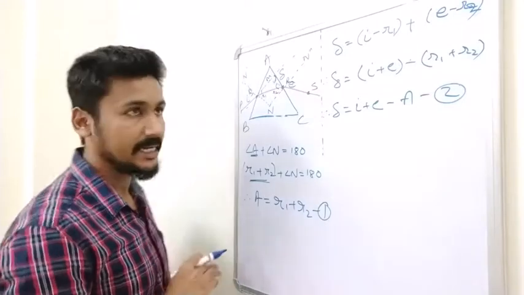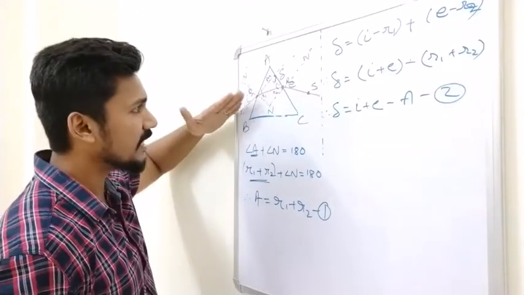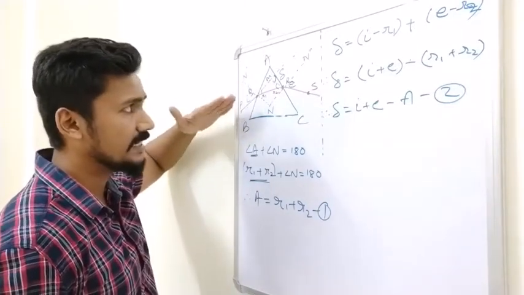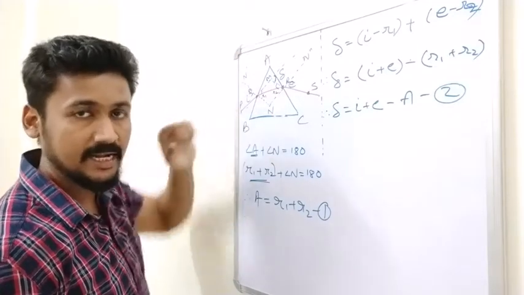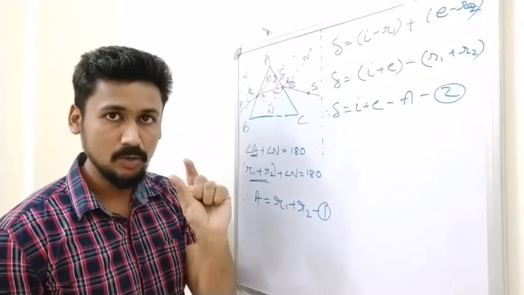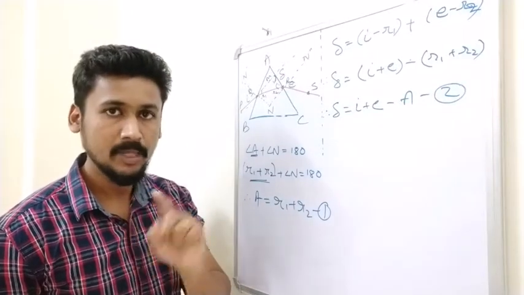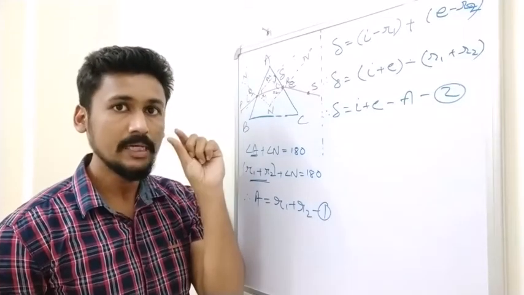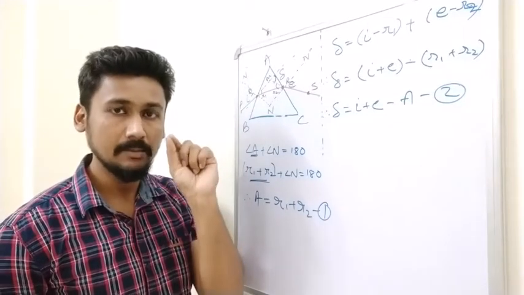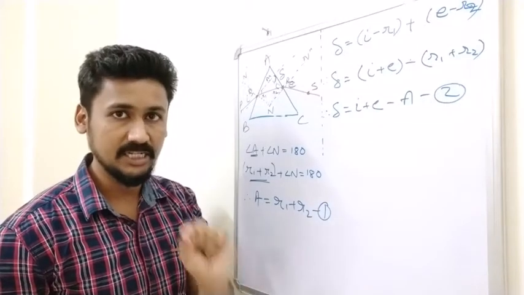Now you will see that as you go on increasing the angle of incidence, the angle of deviation will go on decreasing, correct? It will reach a minimum value and again go on increasing. So there is a value where the angle of deviation comes to a minimum. That is called the angle of minimum deviation, dm.